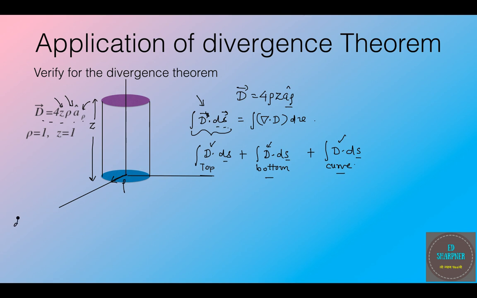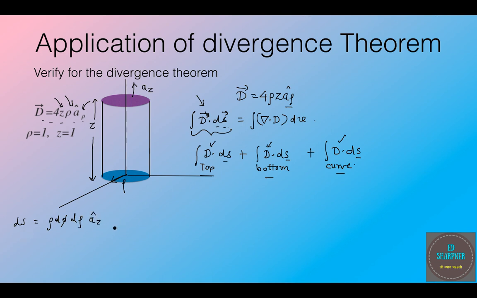And we will write ds in cylindrical coordinate system. We already know that the elemental surface area along the az cap direction is given by rho d phi d rho, and the unit vector is az cap.